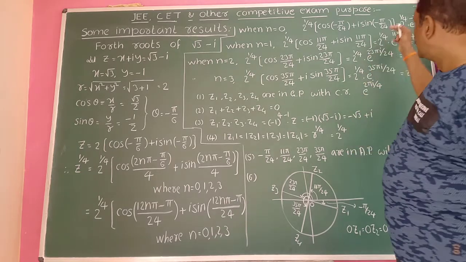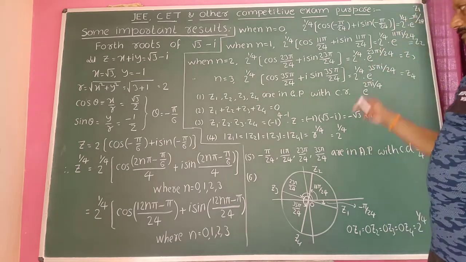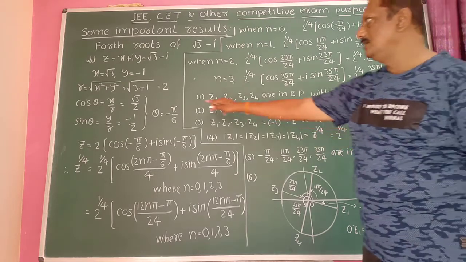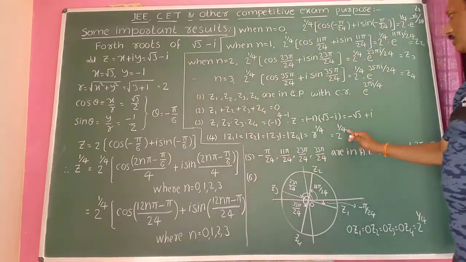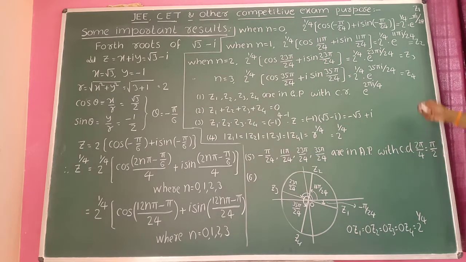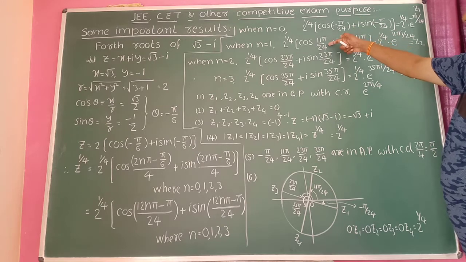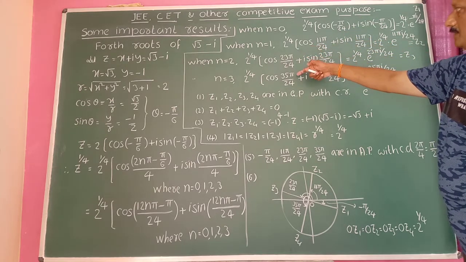And the modulus of each of these fourth roots is always equal to r raised to 1 by 4, and you know r value is 2. Therefore 2 raised to 1 divided by 4. And these are the amplitudes: minus pi by 24, 11 pi by 24, 23 pi by 24, 35 pi by 24.